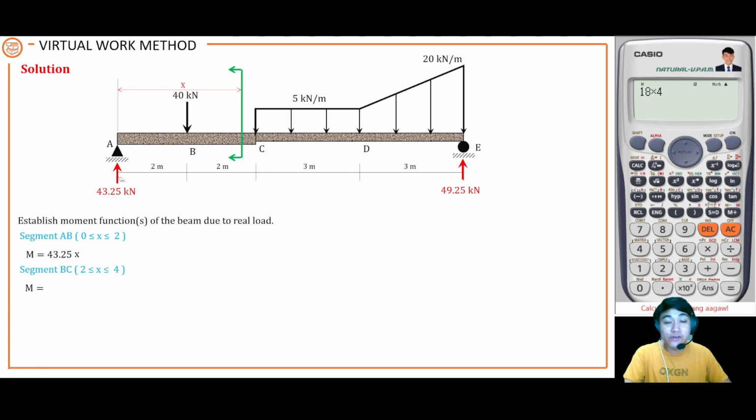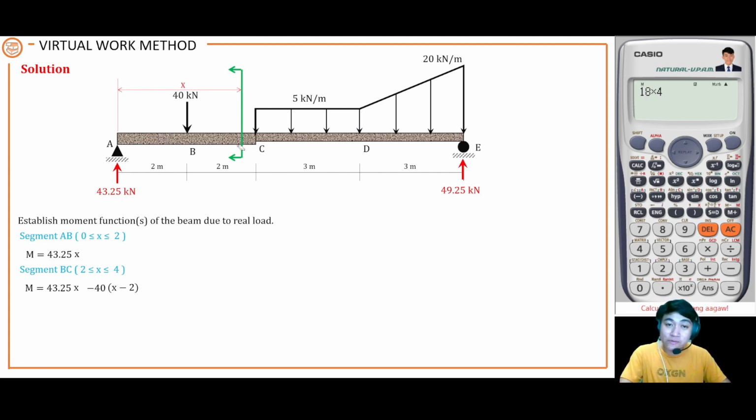So we have 43.25 times the distance x, clockwise. And then we have counterclockwise 40 about this cutting section, so that is negative 40, and the distance is, of course, x minus 2 meters. So this is now your moment function for segment BC.